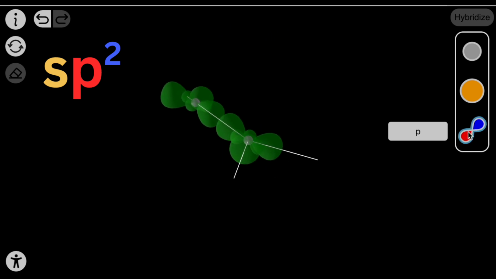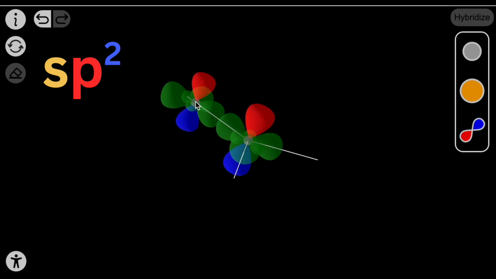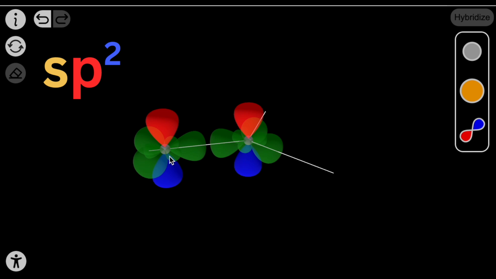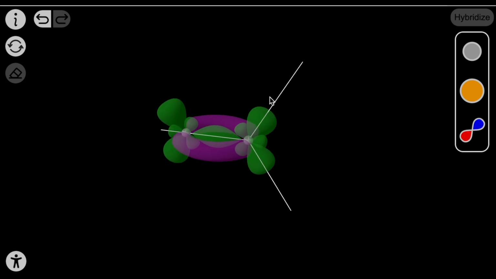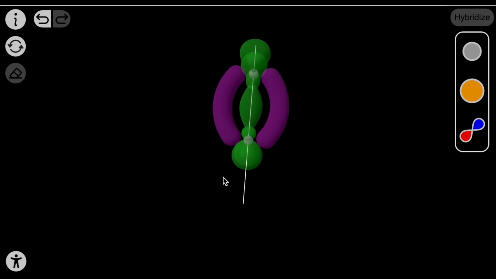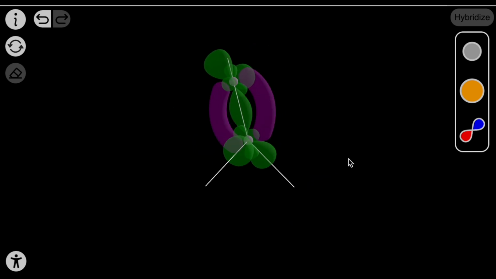So let's not forget to add our final p orbital. You need to have 3 p orbitals. So now you can see we have sp2 hybridized atoms, 2 of them, and they have this extra p orbital. Let's see what happens when they bond. Now we have formed a double bond. This is what a double bond looks like.